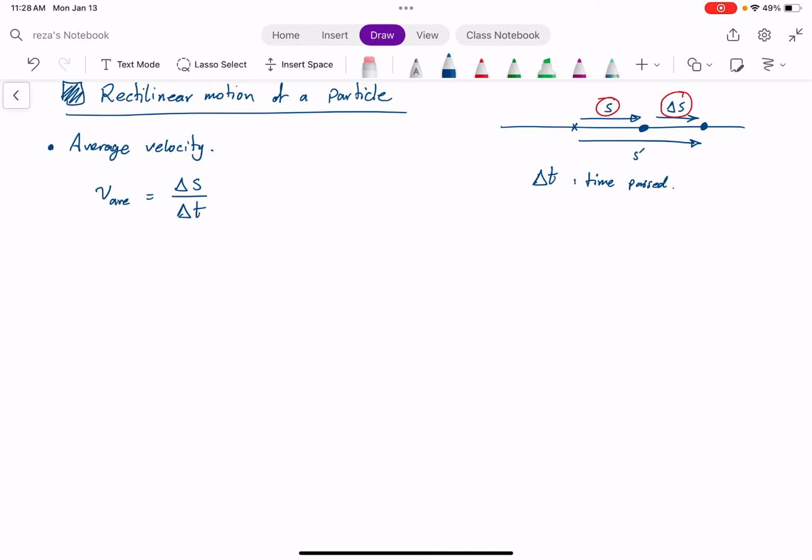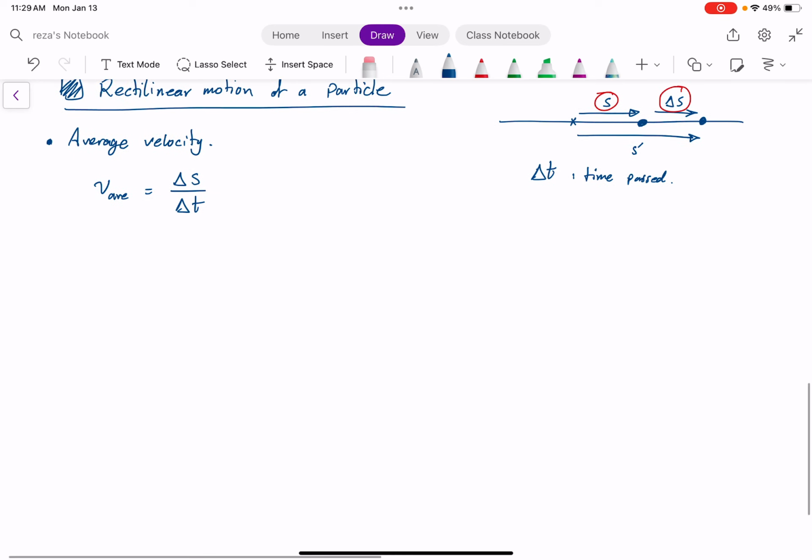So for instance, let's do a very rudimentary example. This is the straight line. Originally, I was at location 1 meter. Then I went to 2.5 meters.